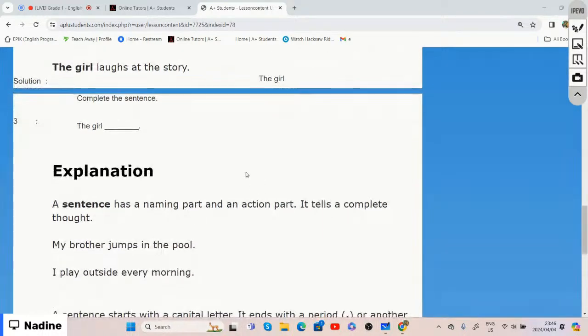And we said in order to say that we have a complete thought is when we have a sentence with both a naming part, which tells us who or what is doing something, as well as the action part.